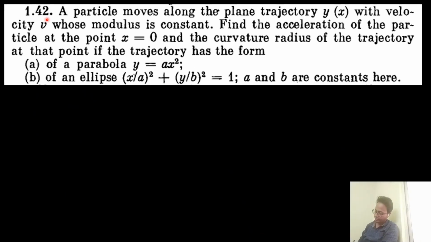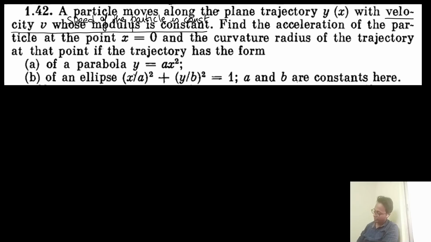See this question. A particle moves along the plane trajectory y is equal to x with velocity v whose modulus is constant. That means what this question is telling is it is moving with constant speed. That means speed of the particle is constant.